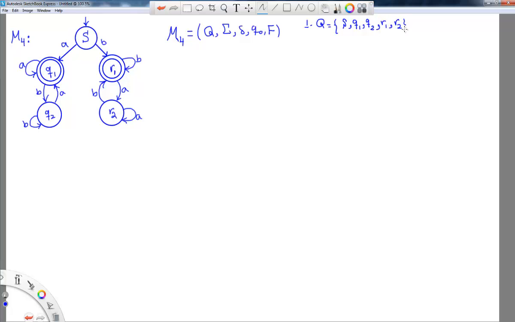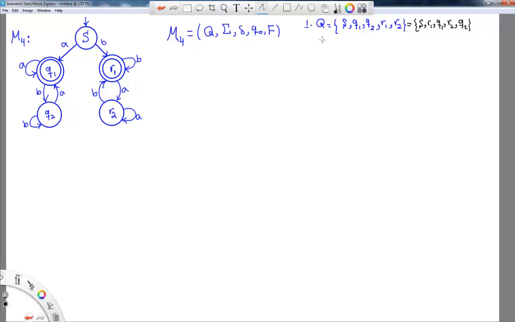Now notice that Q is a set, so I could alternatively also just represent it like this: S, R sub 1, Q sub 1, R sub 2, Q sub 2. This is practically exactly the same thing. Remember, in sets, order doesn't matter.